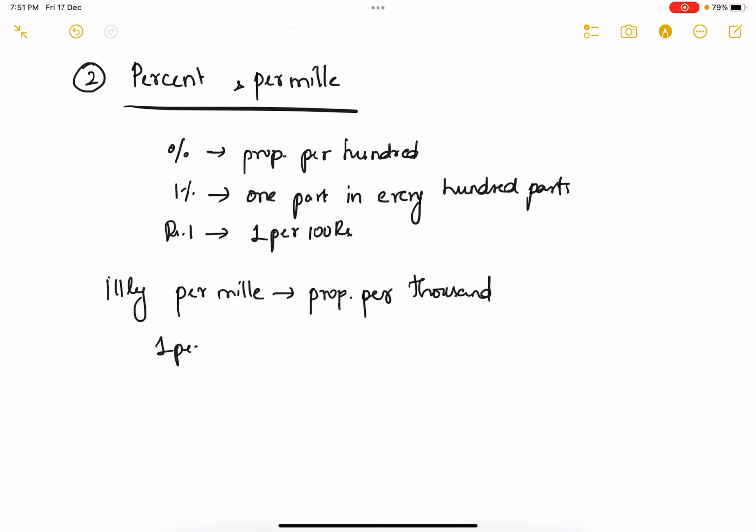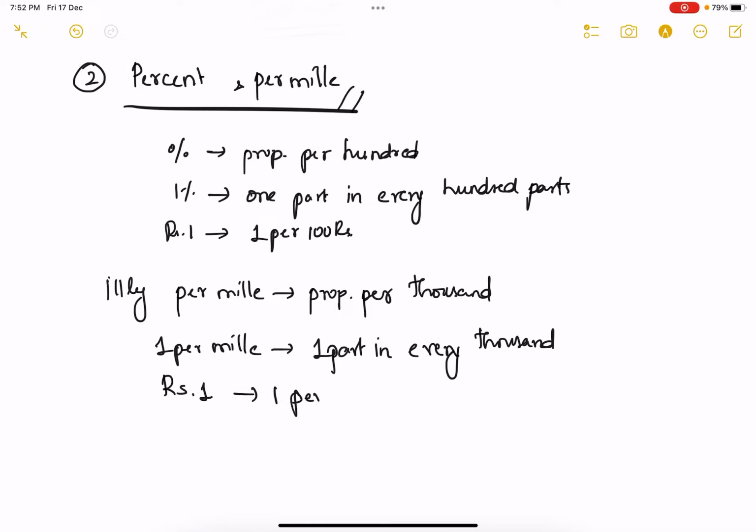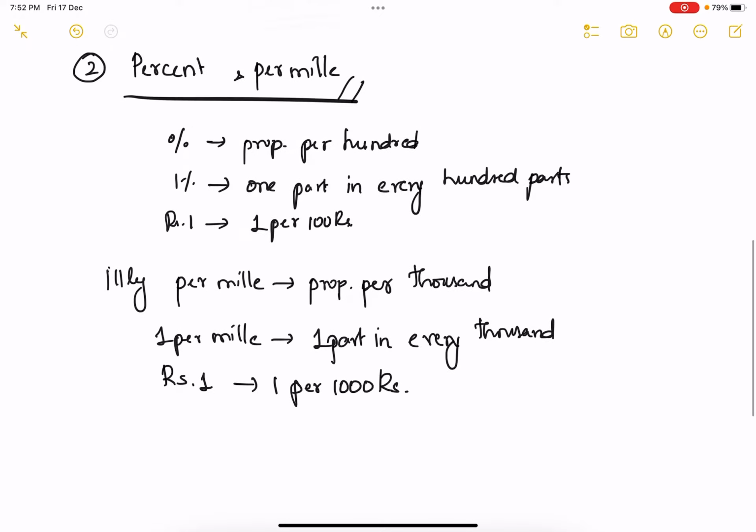Therefore, 1 Permille is 1 part in every 1000. And also here, rupee 1 in terms of Permille is 1 per 1000 rupees. So where is it actually used? It is used for checking roughly any calculation where interest is allowed in exchange rates.